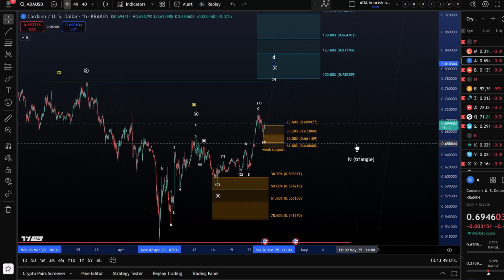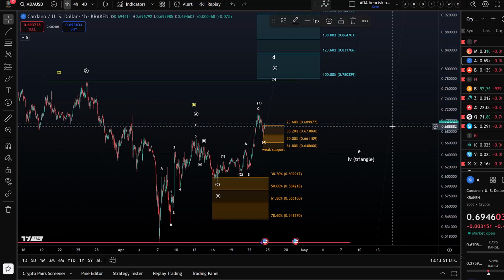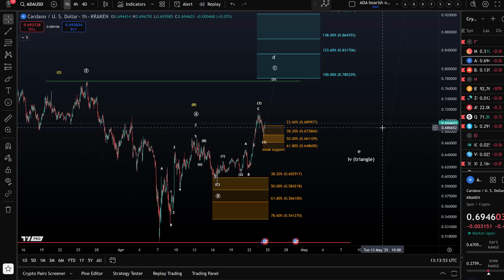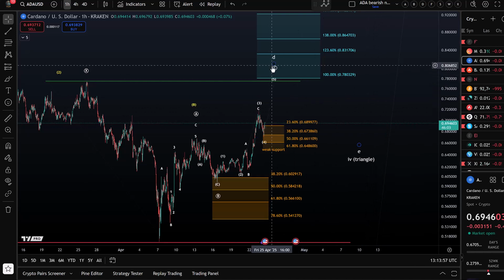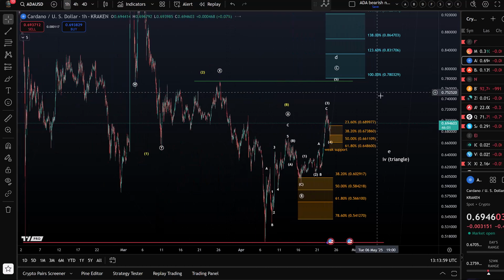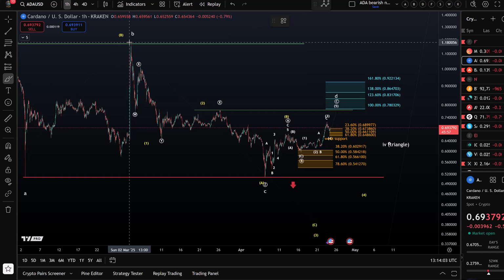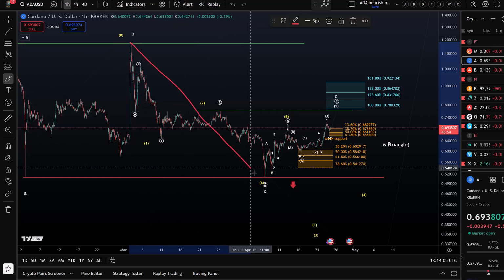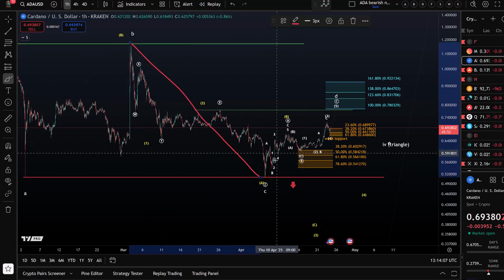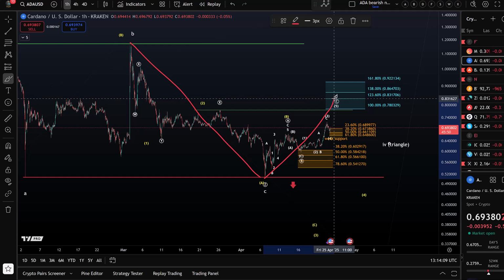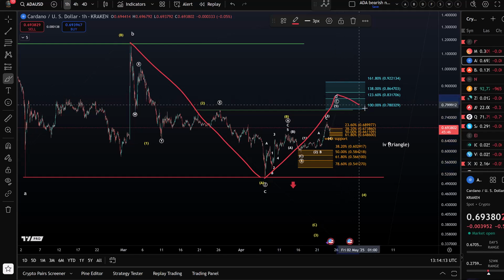When the D wave has formed, we can calculate the target for E. How do we do that? We take the Fibonacci extension tool and measure the distance of the C wave, and we compare that with where the D wave ended, or where we assume it would end. Then we can calculate the target for the E wave.